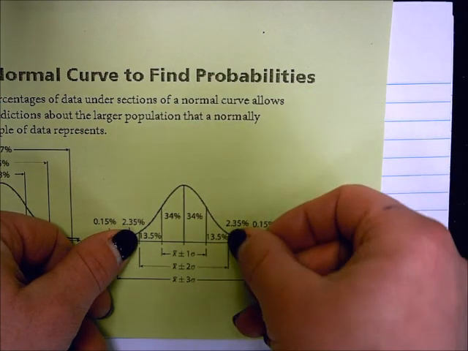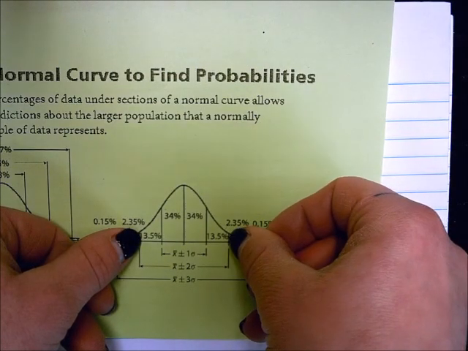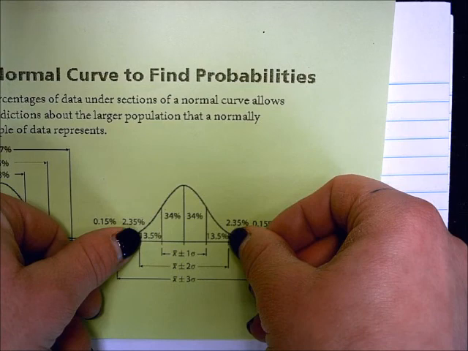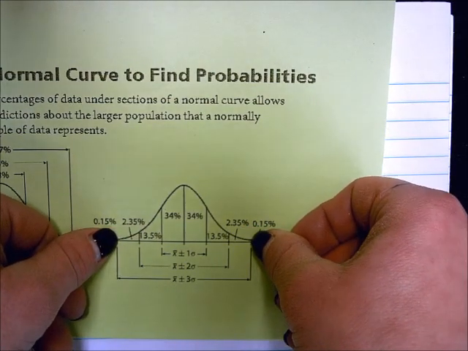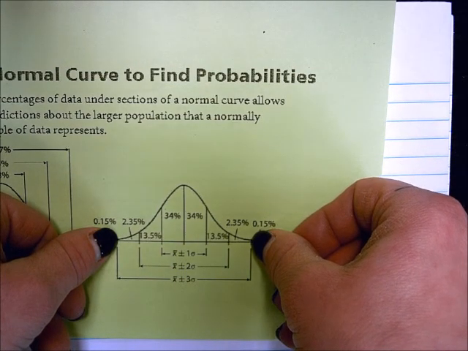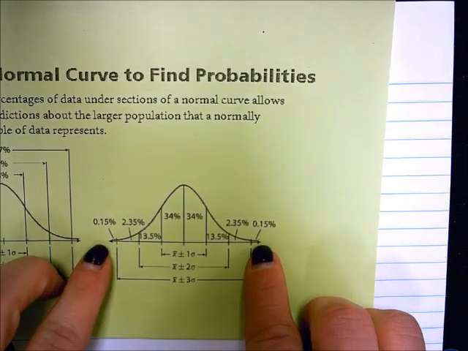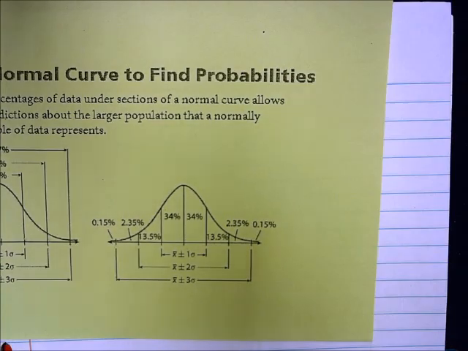So to get to the 95, there's got to be 13.5 on the left and 13.5 on the right. Now, to get out to the 3rd standard deviation, you'd have to add another 2.35% on each side. And then this 0.15%, that's the percent that would fall above or below 3 standard deviations.